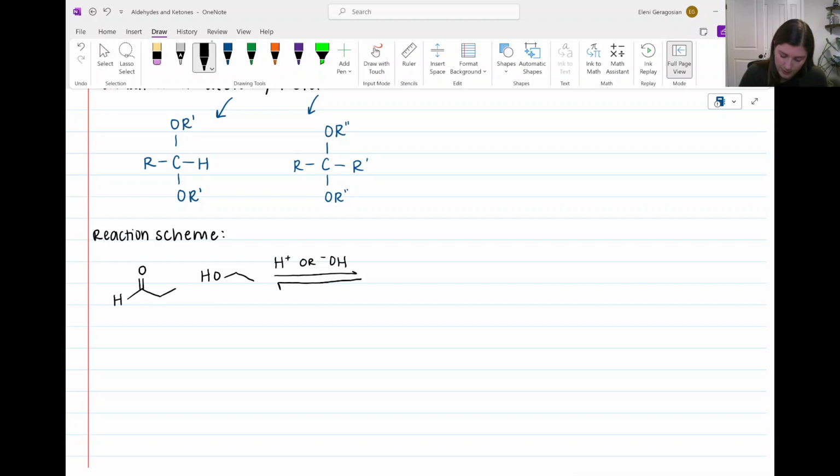Starting with propanal and adding ethanol, we would have that carbonyl carbon with a 2-carbon chain in addition to that carbonyl carbon. Instead of the carbonyl oxygen, we now have that oxygen coming from the alcohol, and then the same thing for the last bond to that carbon.